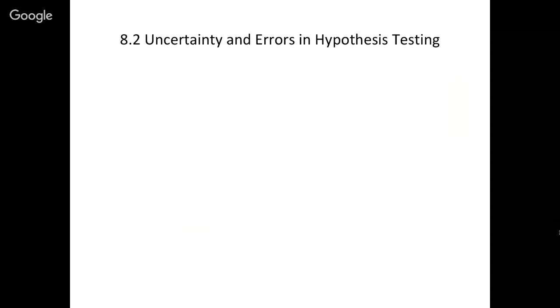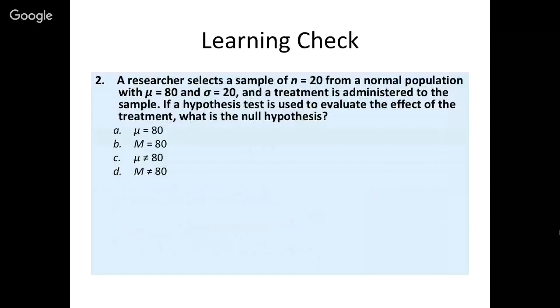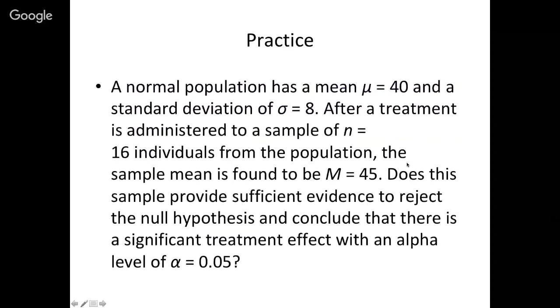So here, the 45, we say is very unlikely. We have just 5% probability of getting this kind of sample without treatment. It's very unlikely, but very unlikely does not mean impossible, right?